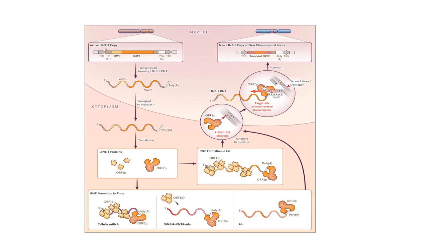They will escort it back to the nucleus. It will find a target site, and it will then reverse transcribe either the ALU or the cellular RNA, depending on what it captured. So once you get your ORF1 and ORF2 associated with the RNA in question, it goes back to the nucleus, finds a target, gets reverse transcribed, and appears at a new chromosomal location, even though it's not actually a LINE.